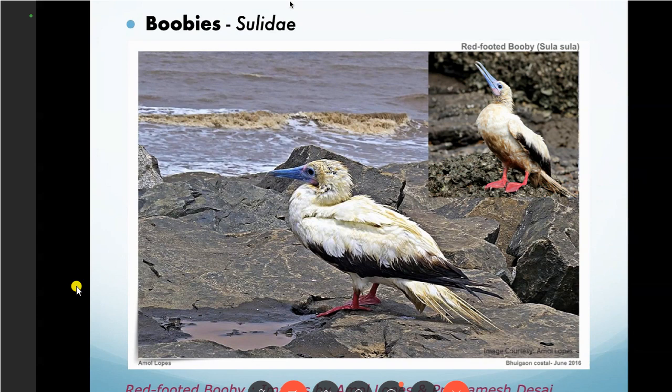Records of red-footed boobies are quite rare compared to masked boobies, which are considerably commonly seen in India, or rather in the Mumbai region. You will see all these records around this time, June to August, where they are driven inside because of the southwest monsoon winds.